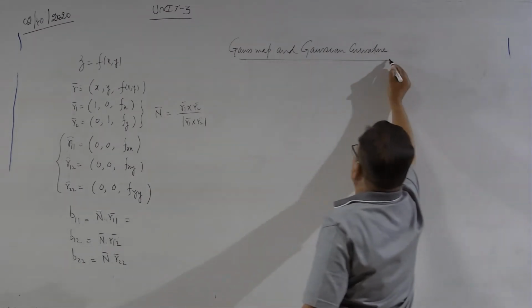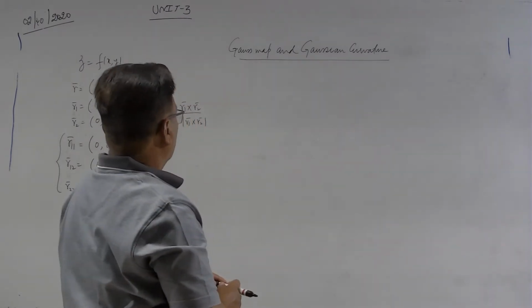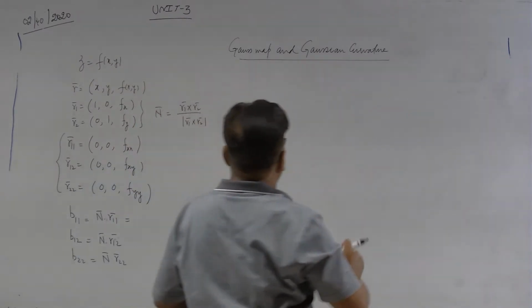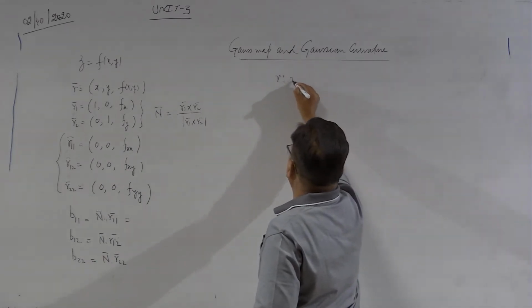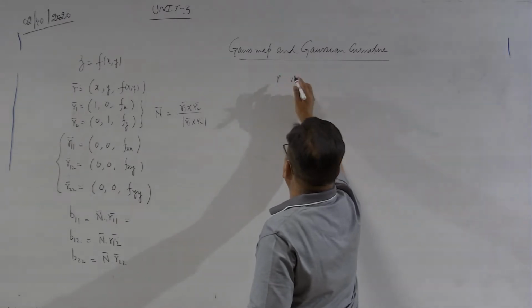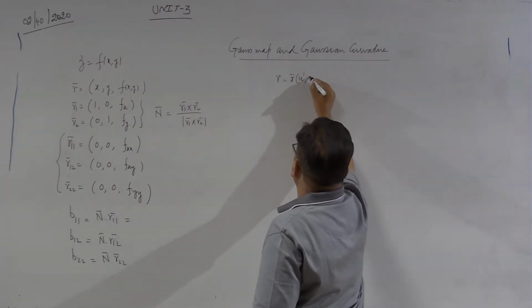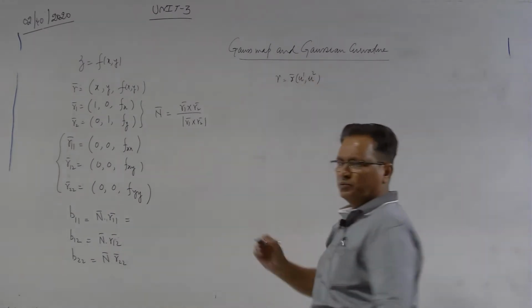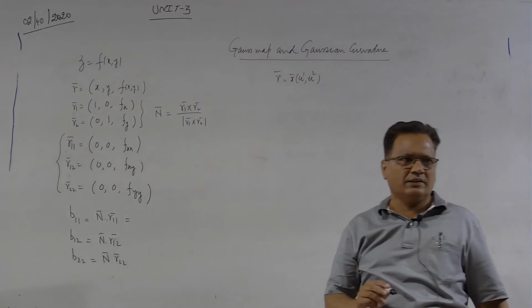What we have in this case is a regular surface as usual given by this equation r equal to r of (u 1, u 2). I will assume throughout that this is a regular surface of at least class 2.